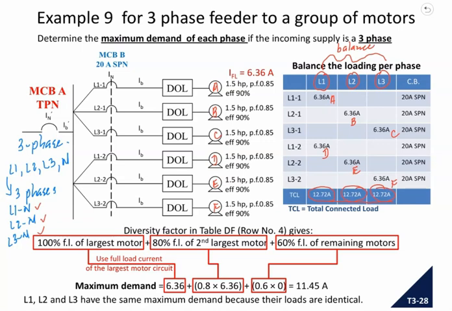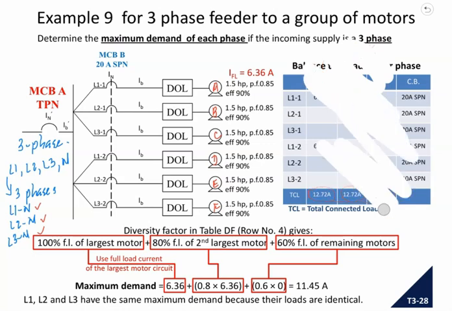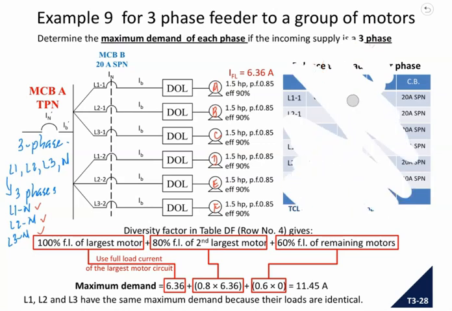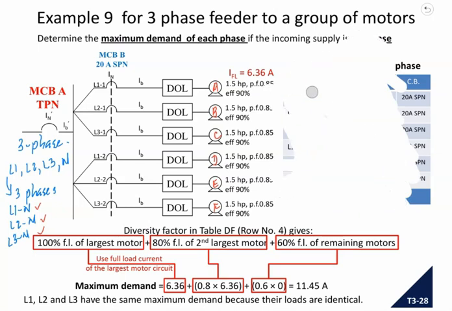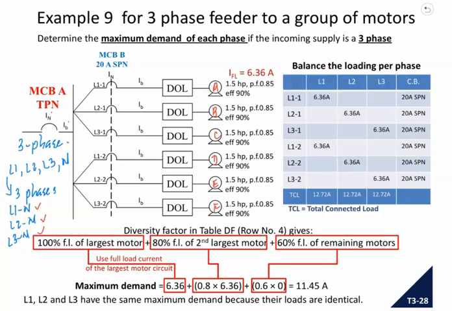And for three-phase system, what do we need to do? We don't have to look at all three of them simultaneously or concurrently. All we need to do is to identify the largest phase. If we are able to meet the requirement of the largest phase, by implication, we should be able to meet the requirement of other phases as well.